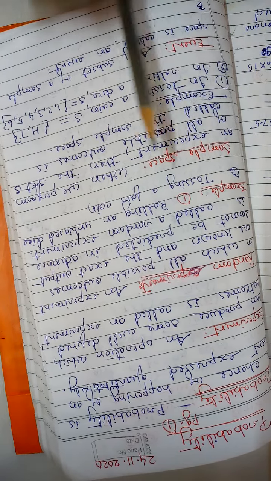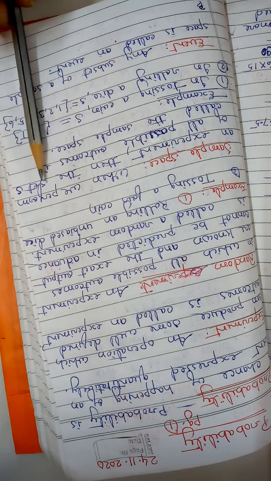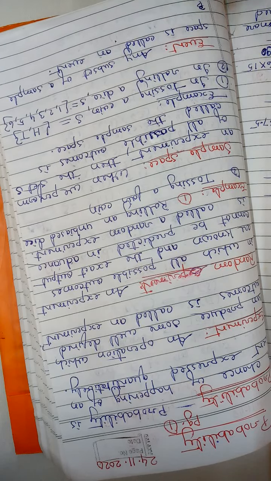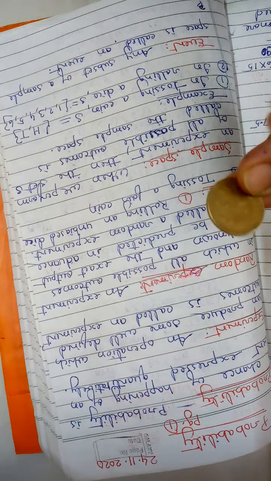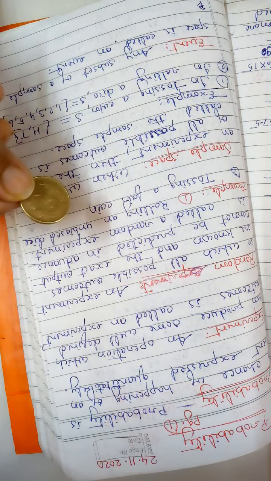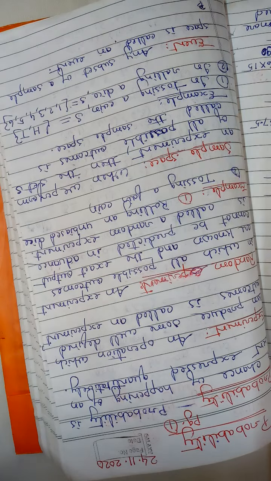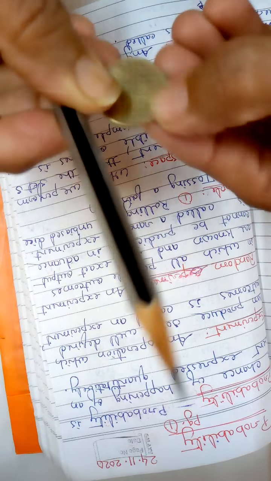Now, sample space. When we perform an experiment, then the set S of all possible outcomes is called the sample space. That means when we throw this coin, then the set S of all possible outcomes: there are two outcomes, one is tail and another is head.